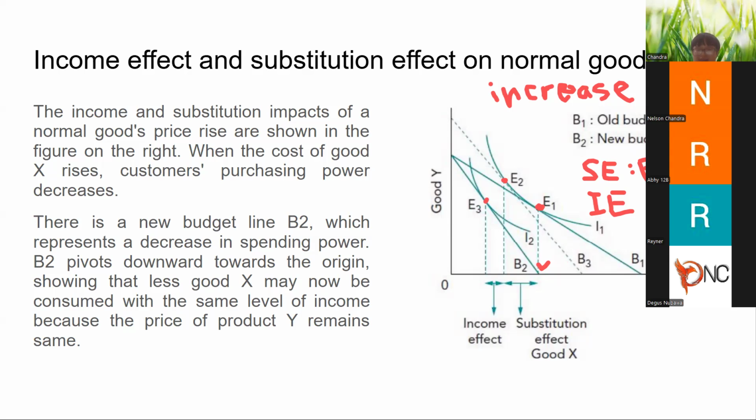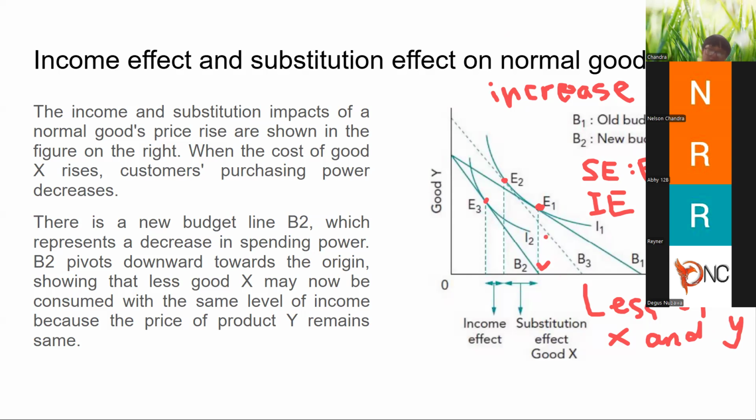Therefore, you will be able to buy less of X and Y. Why? Because your overall budget is now going to be less. Why is your overall budget less? Because there is an increase in the price of good X. So there is a sequence here.